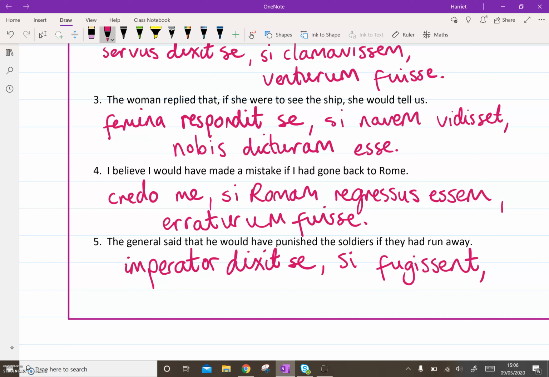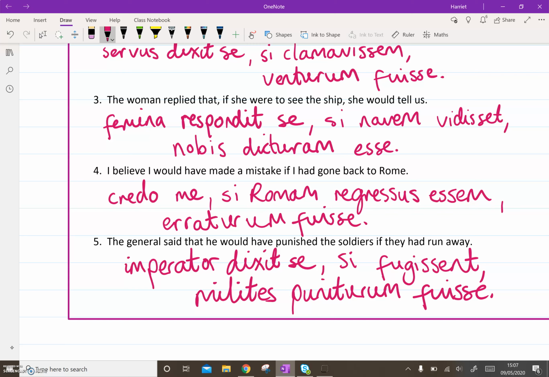Obviously, I know I keep saying that rule doesn't follow, but if you're given a had in the English, it's obviously pluperfect in the Latin. Milites, and then it is remote, sorry, it is closed because the suggestion is that these soldiers haven't run away. So punitorum fuisse.